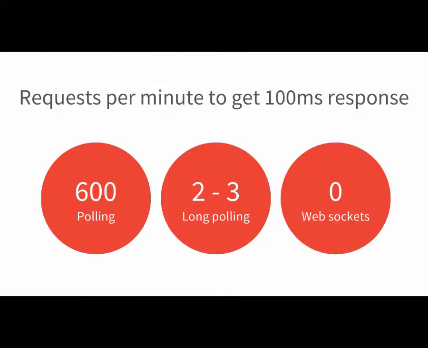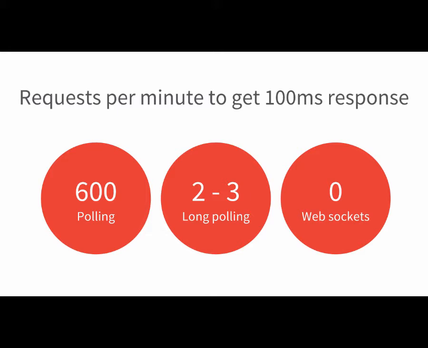The reason for that is, assume for a moment we have an application that we want to be relatively real time, somewhere around the 100 millisecond range or less. If we want information that a user generates to be transmitted to other people who are listening, for polling, you're connecting 600 times inside of a minute. That's a lot.